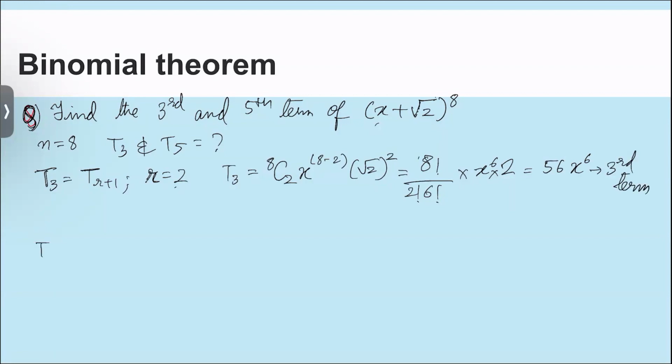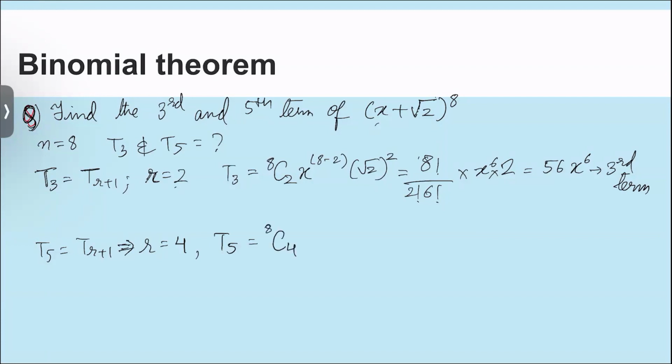Now for T5, if you write it in the form of R plus 1, your R is going to be 5 minus 1, so that is 4. Therefore your T5 would be nCr, where n is 8 and r is 4.